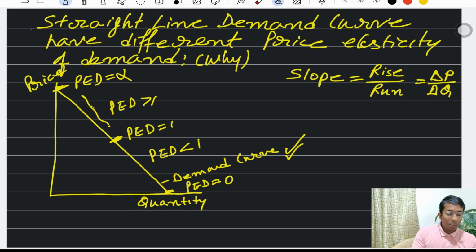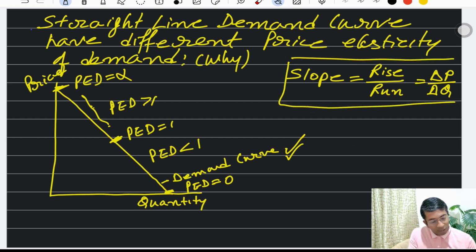Before we get into the detail, one very important thing you have to remember, or must have learned in previous maths classes, is that slope is equal to rise over run. How much it goes up, that is the rise.